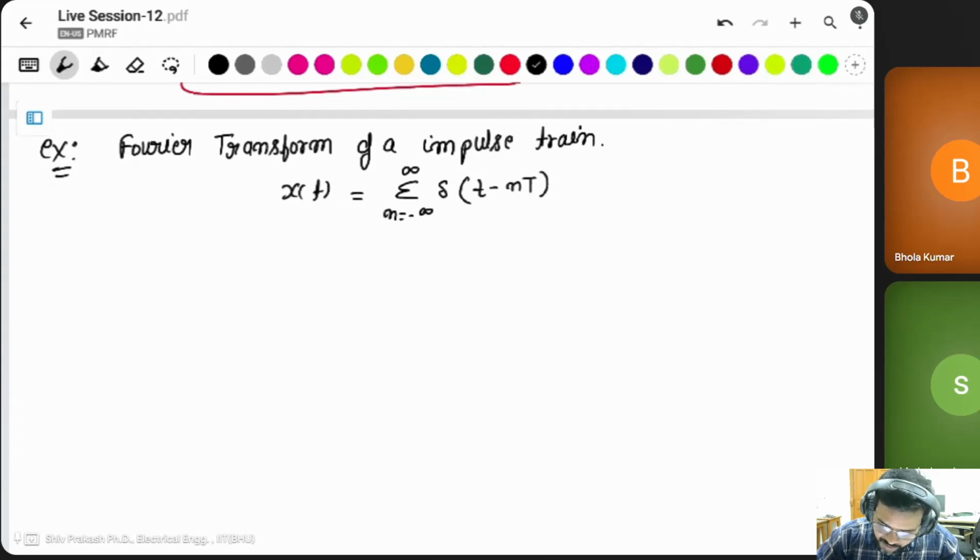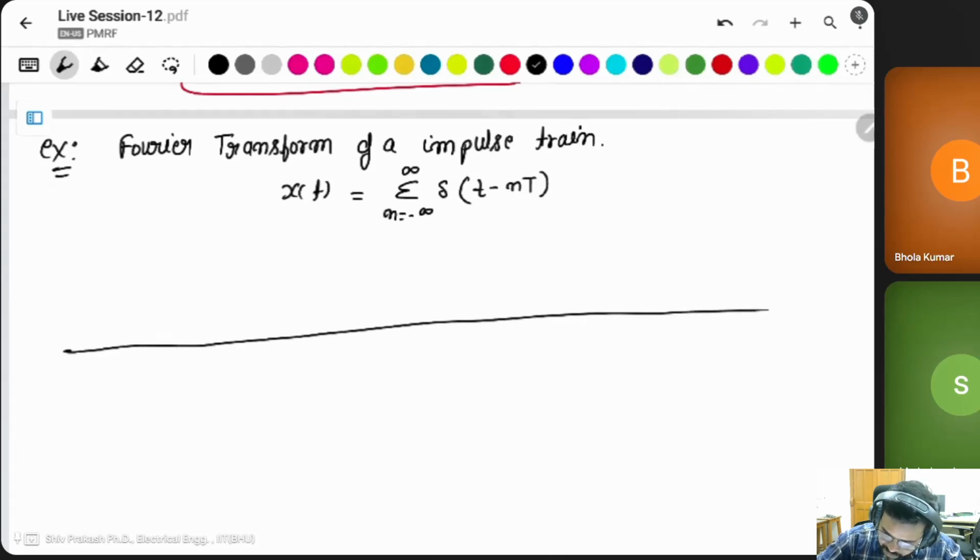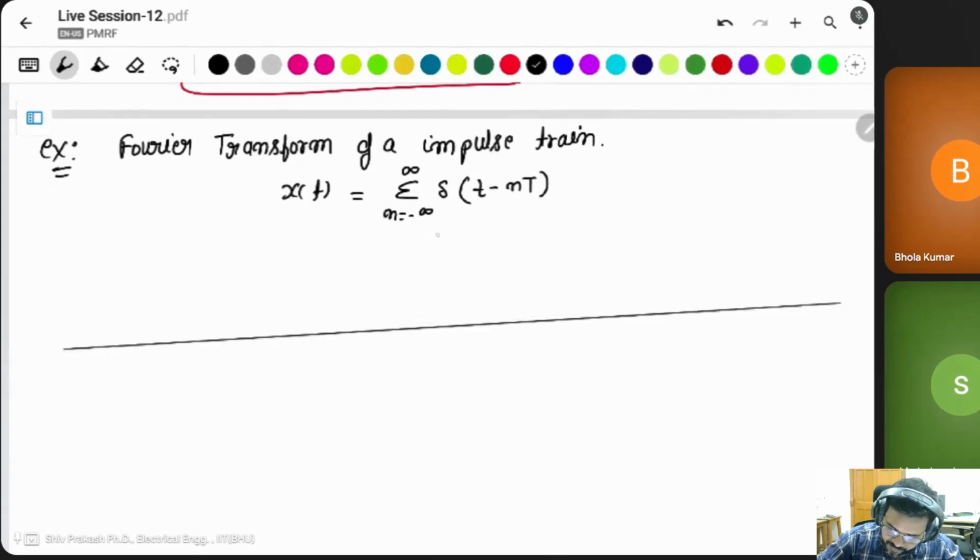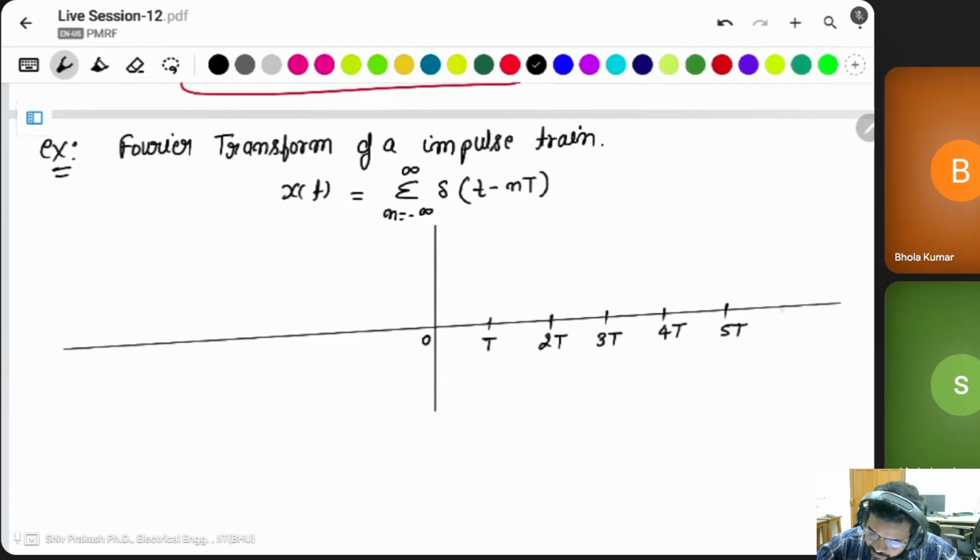Impulse train means simply, if you put n from minus infinity to plus infinity, how does it look? If n is 0, then 0; if you put 1, then this will be T. If n is equal to 2, this will be 2T, then 3T, 4T, 5T, 6T, dot dot to infinity.